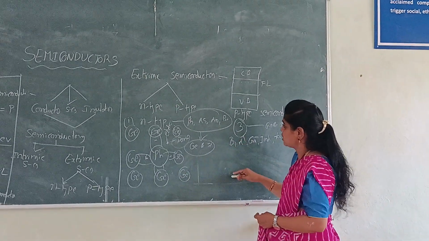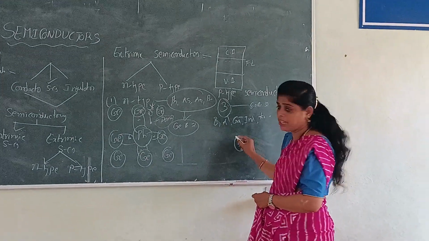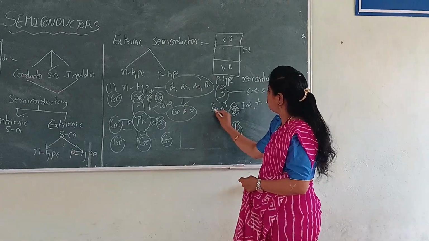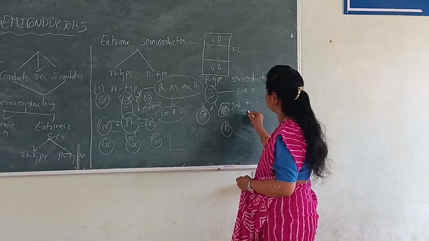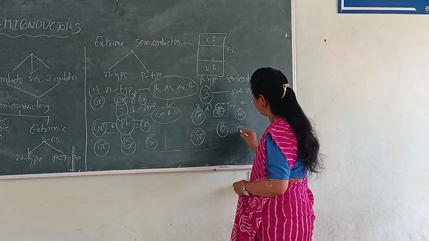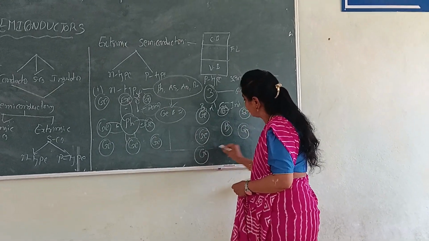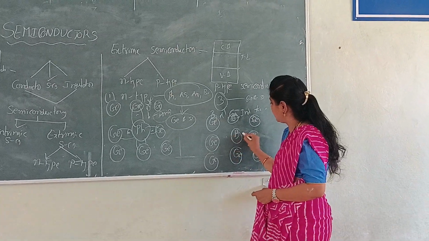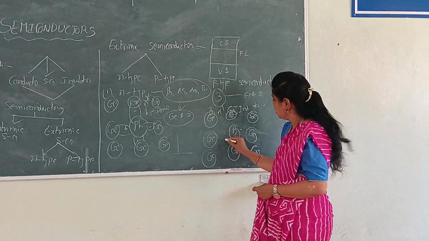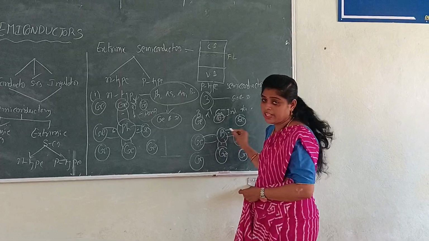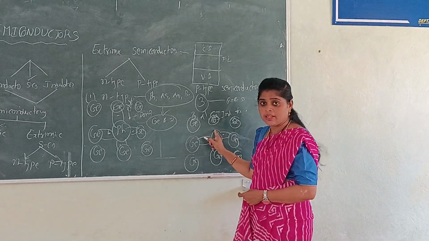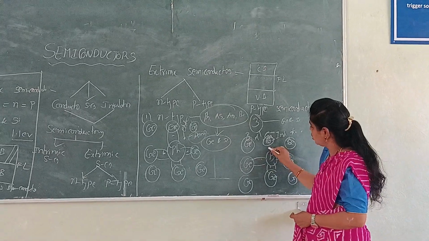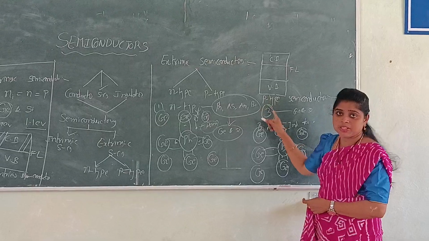What is the configuration? Boron has 3 electrons in the outermost configuration, doped with fourth group elements, germanium or silicon. All 3 electrons are shared with the nearest atoms and it is ready to accept 1 electron in the outermost configuration, so a hole is formed in the P-type semiconductor.